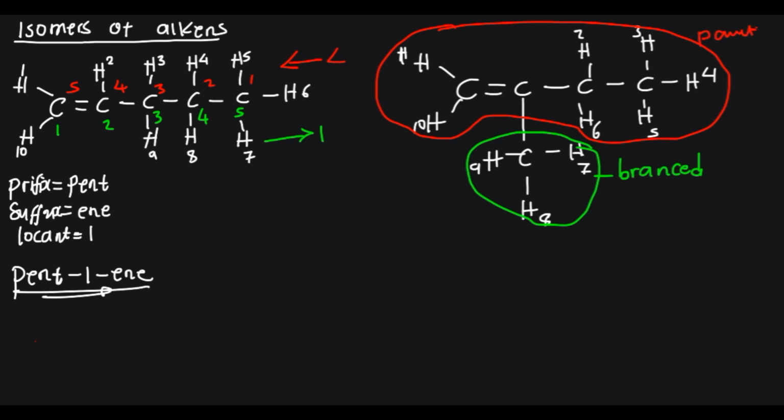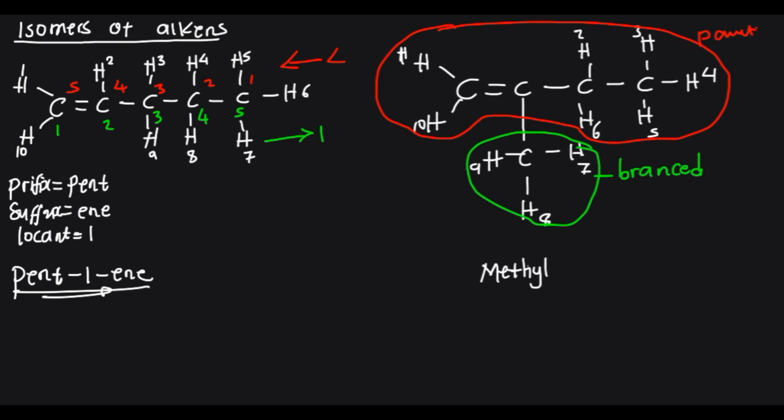Now from there we are going to begin by looking at the branch. From the branched part, we can see that we have one carbon. So the prefix for one carbon is meth. Now for a branch, you always add yl.